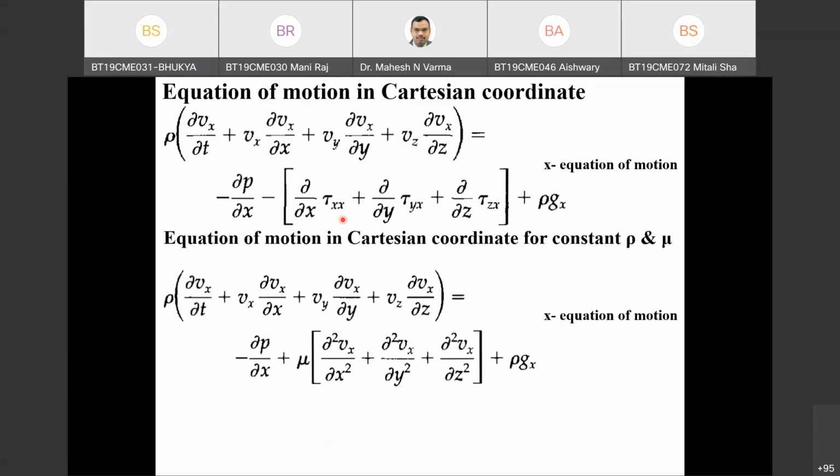Substituting that, we get rho times the substantial derivative of Vx equals minus dp/dx plus mu, for a constant viscosity system, times the del square of Vx in x, y, z, plus rho gx. This is the x equation of motion, and this equation is called the Navier-Stokes equation.